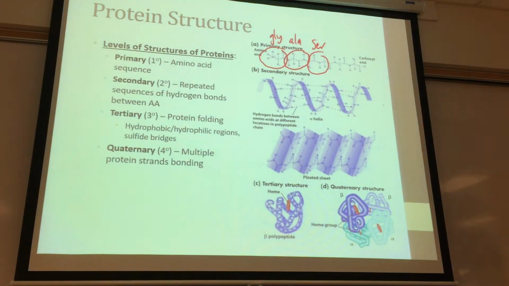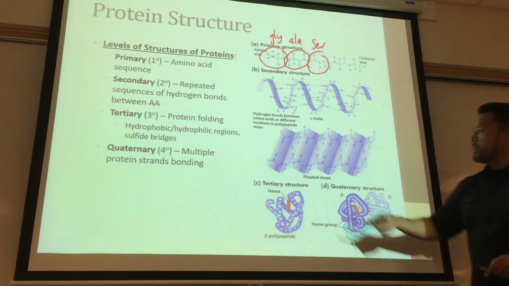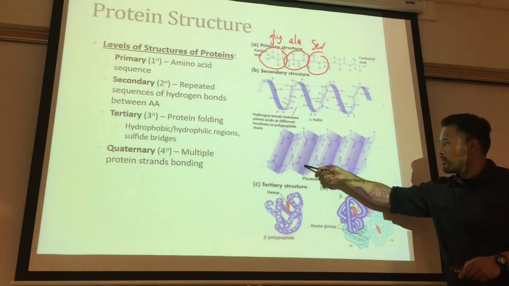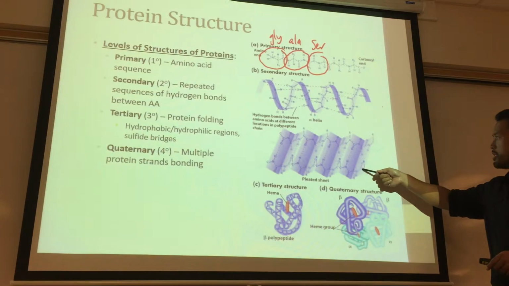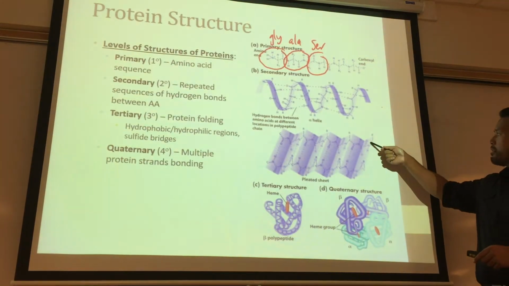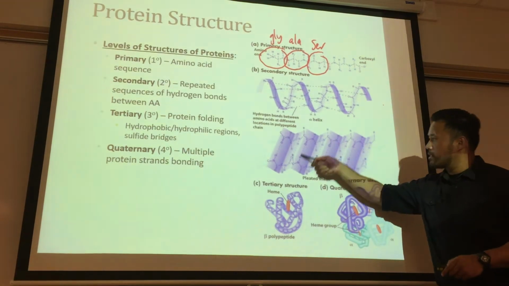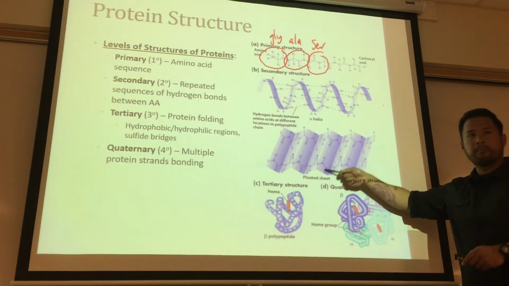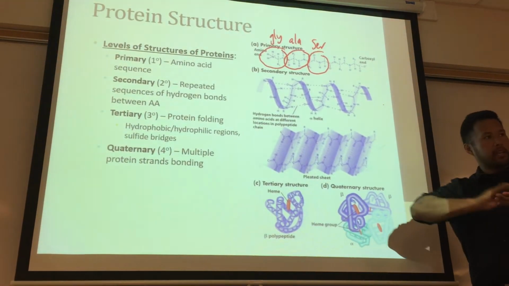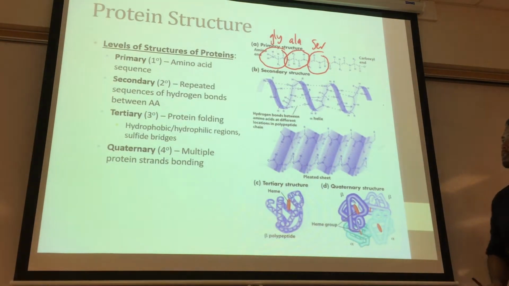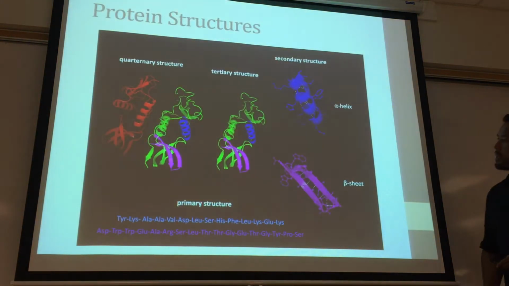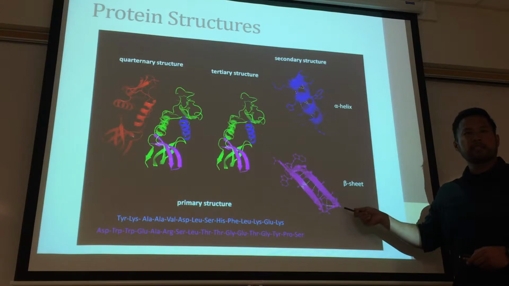The other thing you would typically see are pleated sheets, meaning the primary sequence goes this way, then wraps around and back the other way, and creates hydrogen bonds that form like rungs on a ladder. It forms literally like a pleated sheet on top of each other. A pleated sheet looks exactly like this.